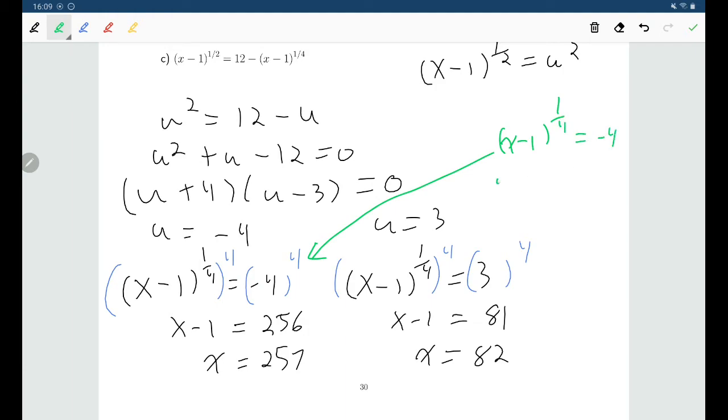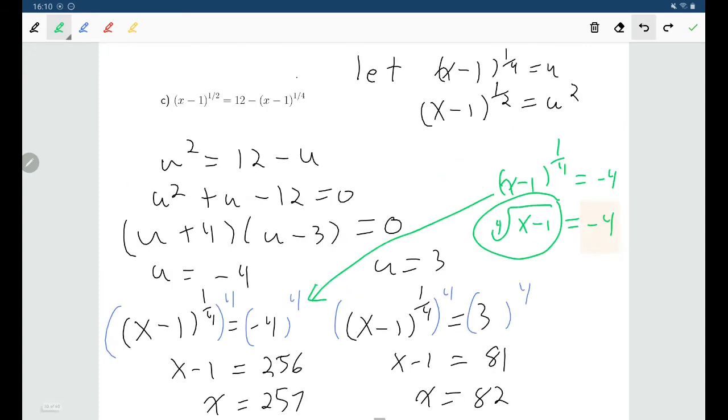We had, in other words, the fourth root of something being a negative number. And one thing that we know is that for square roots, fourth roots, sixth roots, the only number that comes out of those is something that's positive. There really shouldn't be any number that when you take the square root of it, or fourth root of it, or sixth root of it, you would get a negative.